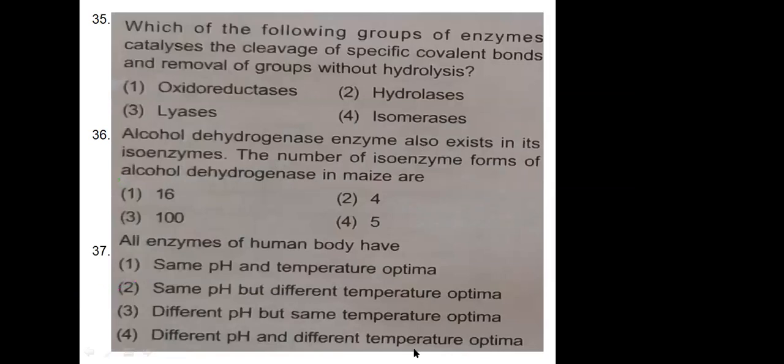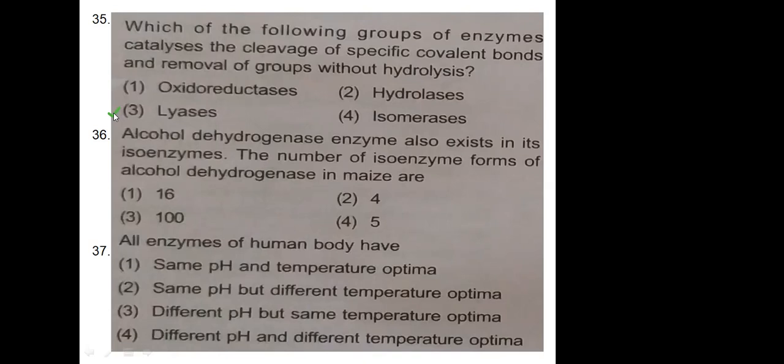Which of the following groups of enzymes catalyzes the cleavage of specific covalent bonds and removal of groups without hydrolysis? It's called lyases. Alcohol dehydrogenase enzyme also exists as isoenzymes. Number of isoenzyme forms of alcohol dehydrogenase.